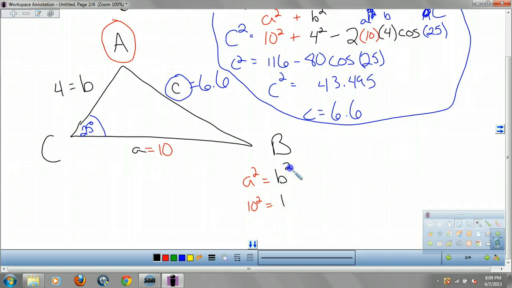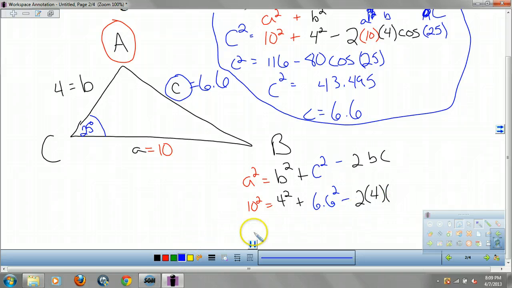Our b was 4, plus c was 6.6, minus 2 times bc, which again we already know our b is 4, our c is 6.6, times cosine of A. Right? Right.